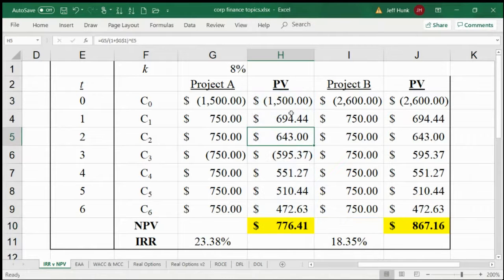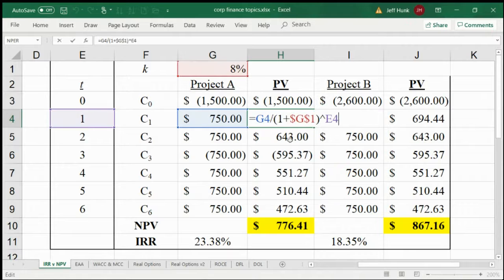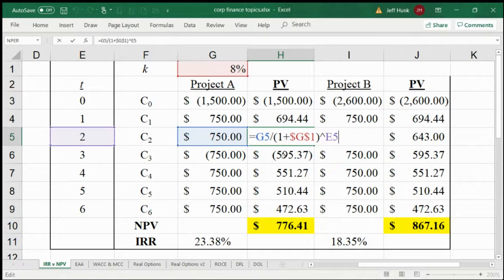This is the present value of all cash flows. I already built it in there, if you wonder. This is the definition of present value: you discount by 1 plus k raised to the power of t, and then you drag it down, and everything is done automatically.